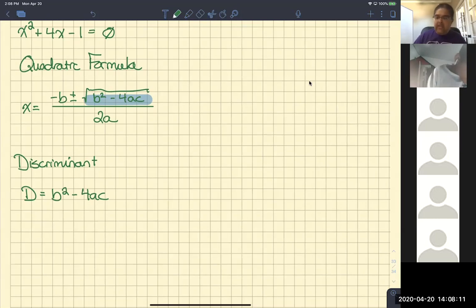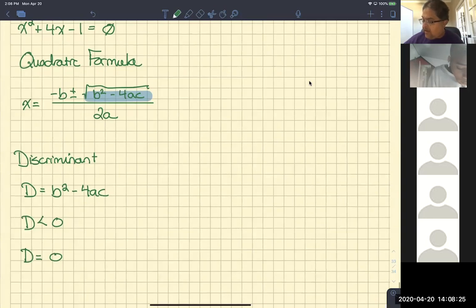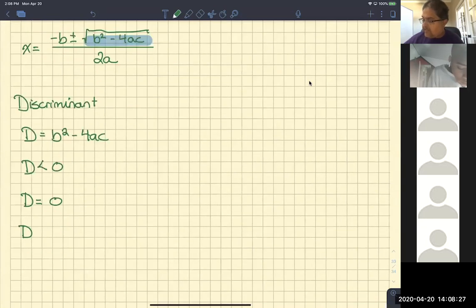So the discriminant is a number. It's either going to be less than 0 or negative, it's going to be equal to 0, or it's going to be positive. That means it's greater than 0. And based on whether the discriminant is negative, 0, or positive, you can tell me what type of solutions, okay?